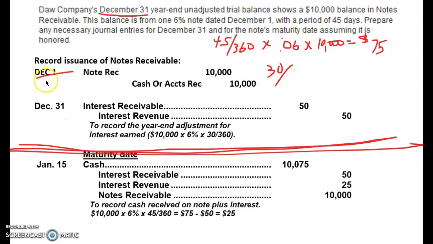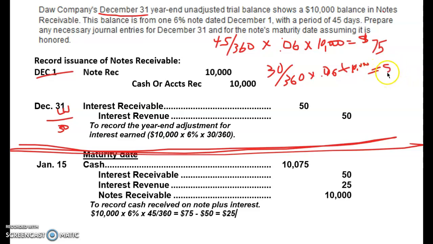So 30, December 31st minus December 1st, because you don't want to count the day you got the loan. It's 30 days divided by 360 times 0.06 times 10,000. Looks like I'm going to have to pull out the pen for the rest of the videos.